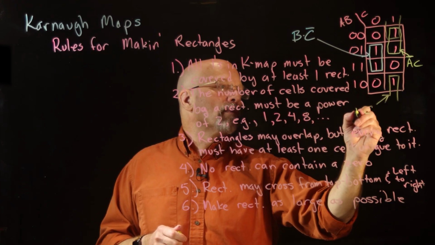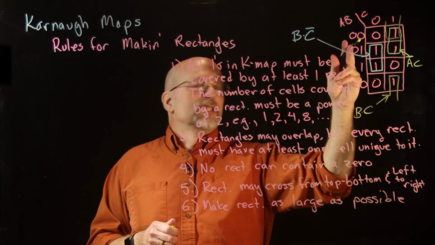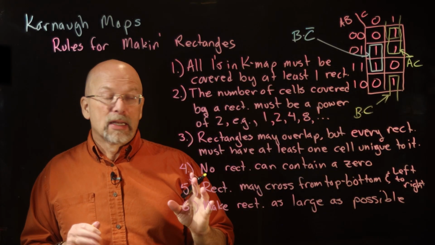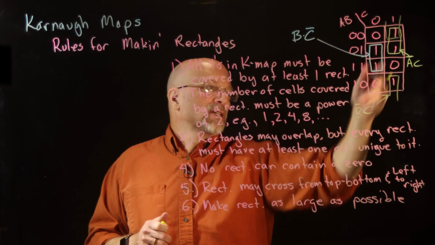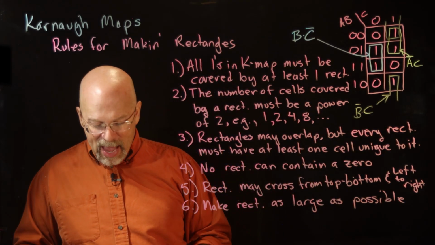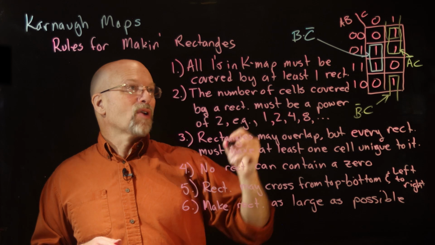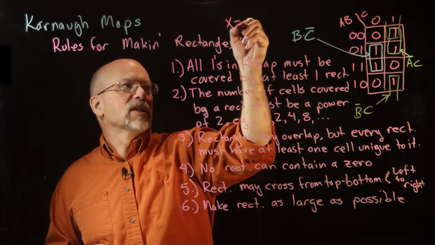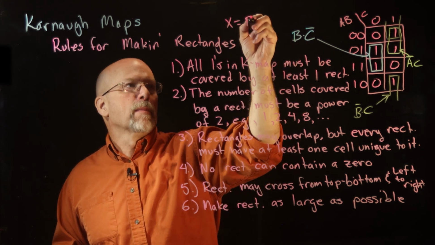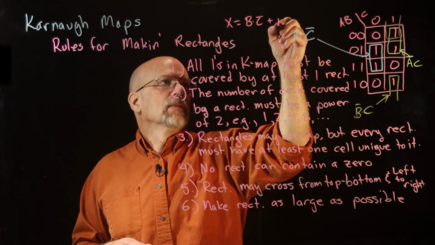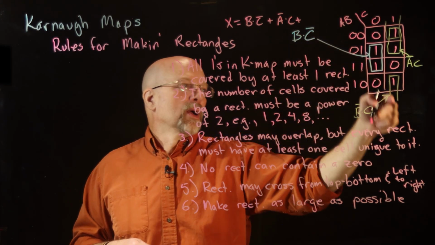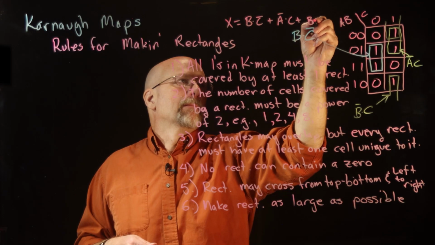We're left with just B. Do either of them need to have inverters? Yes. B is 0 means it gets a bar. C is 1 means it does not. And we get the final expression: X is equal to B and C bar, ORed with A bar and C, ORed with B bar and C.